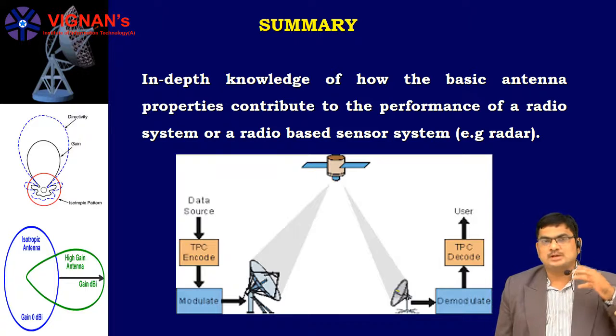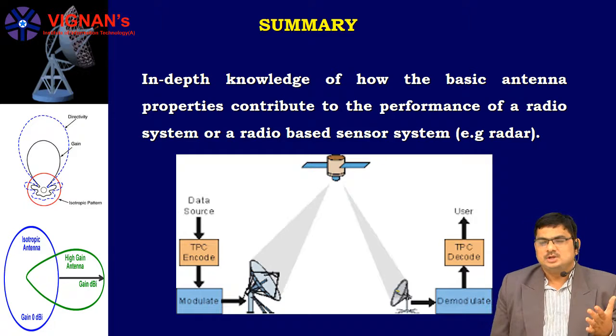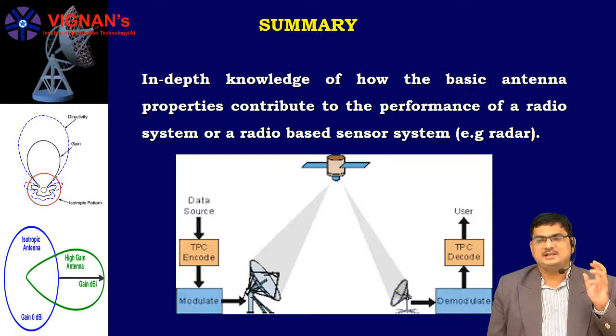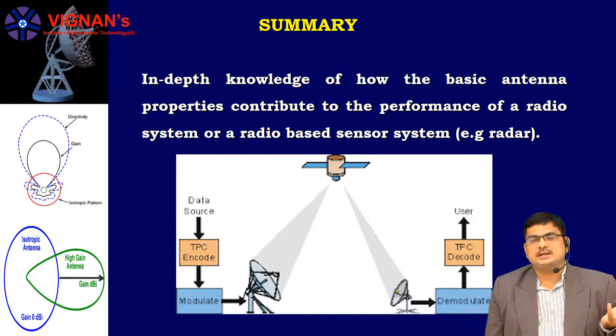To summarize the whole concept of this lecture, first we discussed antenna impedance. Antenna impedance is defined as the ratio of the voltage to the current, and it is a complex quantity, so ZA equals RA plus jXA.